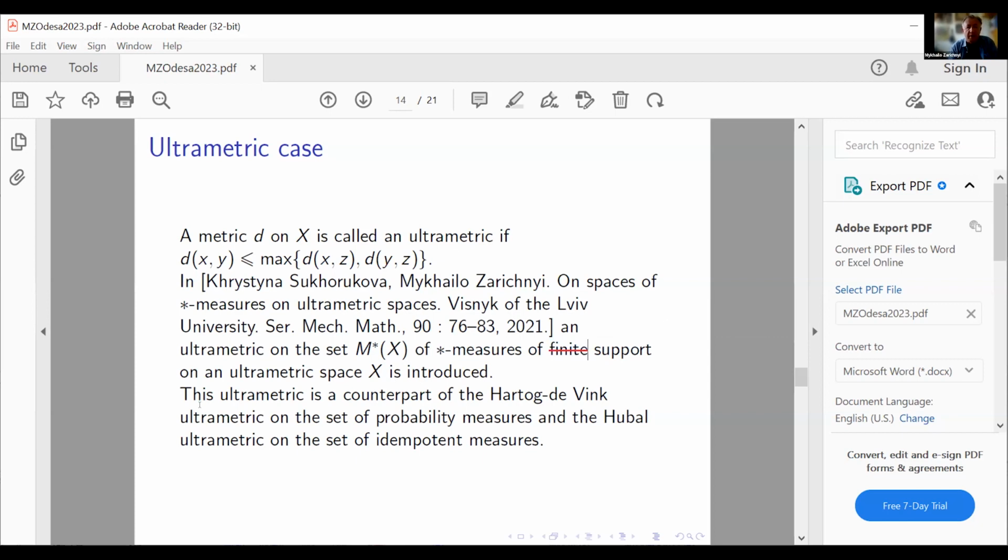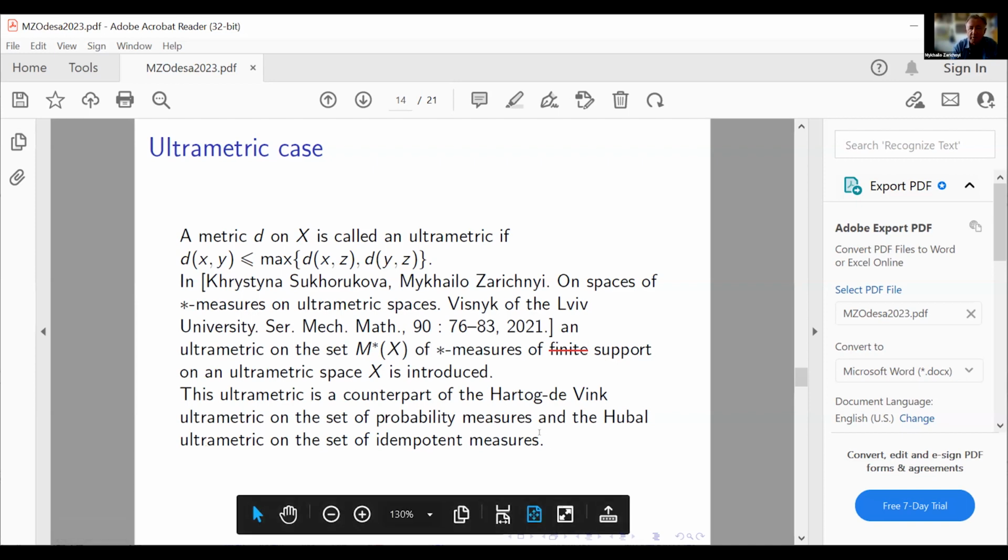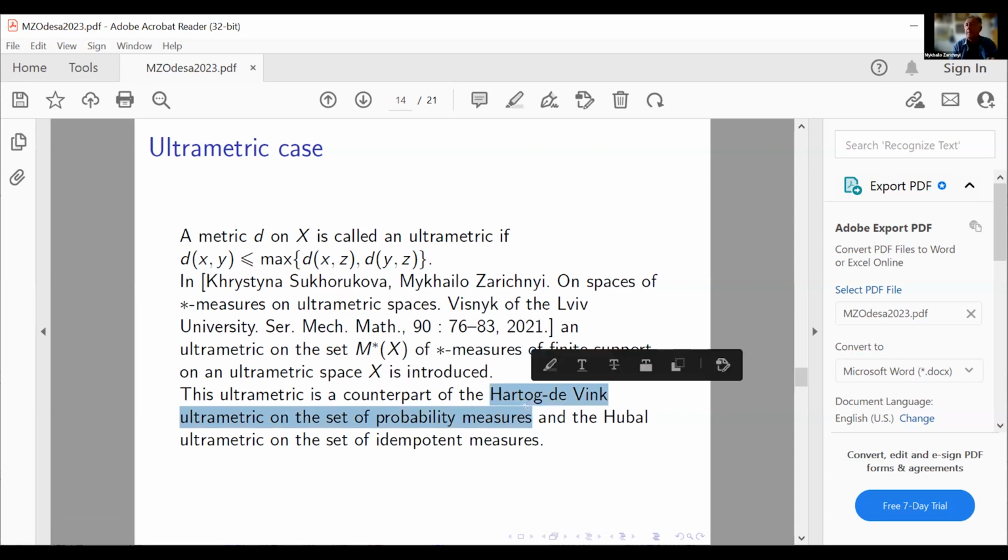And this introduced ultrametric is a counterpart of the so-called Hartog-Rosenthal ultrametric on the set of probability measures, and the Hubble ultrametric on the set of idempotent measures. The first ultrametric was used in the theory of formal programming languages.